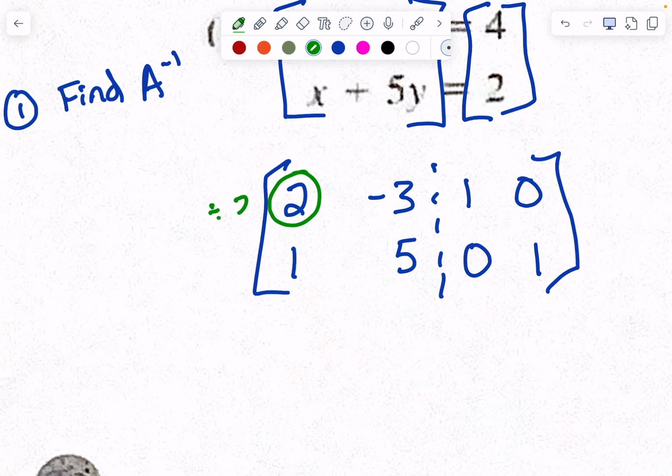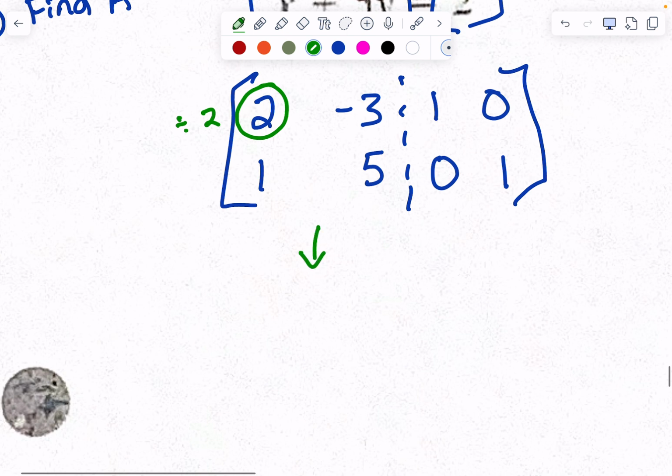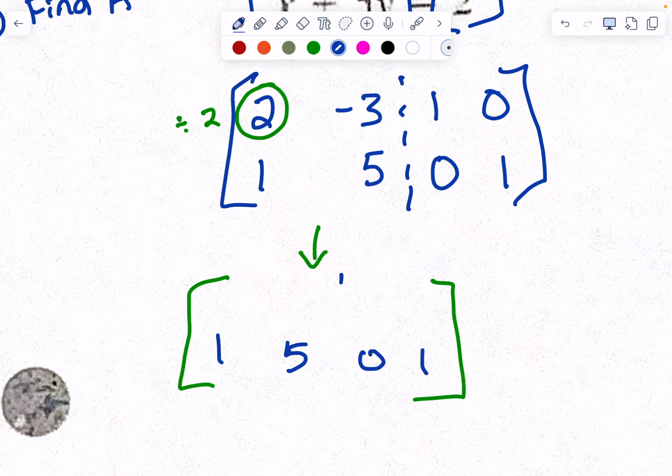Divide by 2, right? We're going to take that top row and divide by 2. So I'm going to put it down over here. That bottom row is going to stay 1, 5, 0, 1. But the top row now changes to 1, -3 over 2, which is kind of gross, 1/2, and 0 divided by 2 is 0. So that's what it becomes.